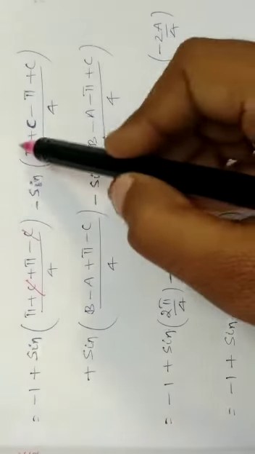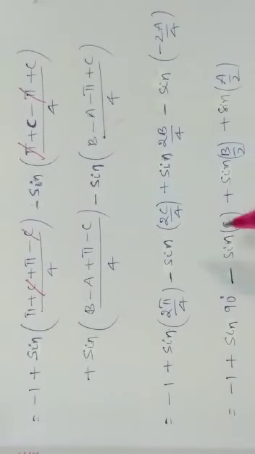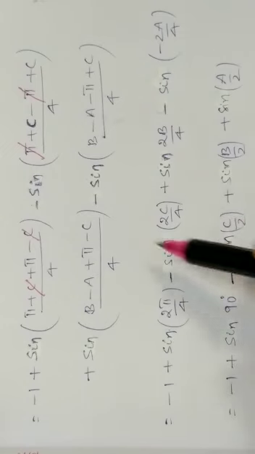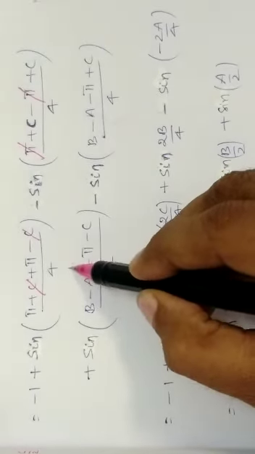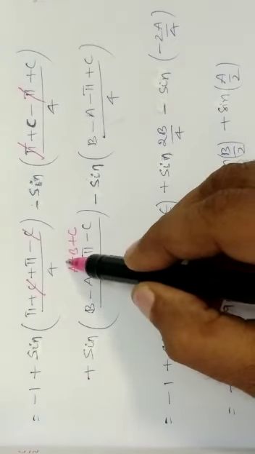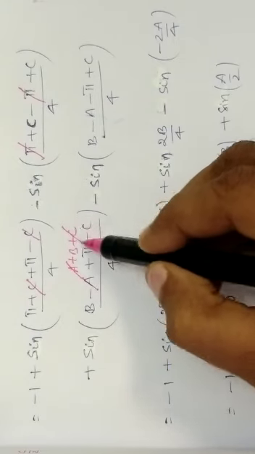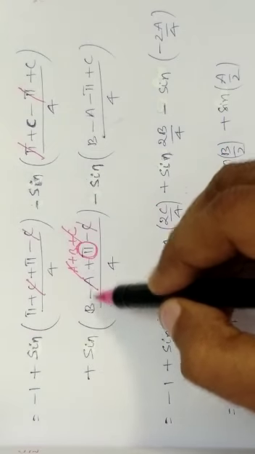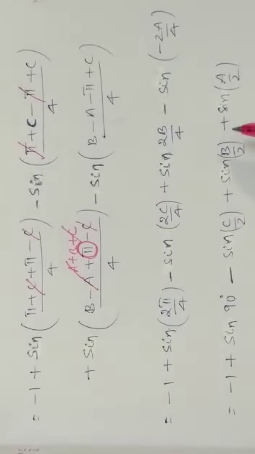Here we can cancel plus π minus π. The remaining are C plus C, 2C/4, plus, in the place of π we can write A + B + C. We can cancel plus A minus A, plus C minus C. What are the remaining? B and B, so 2B/4 minus sin.